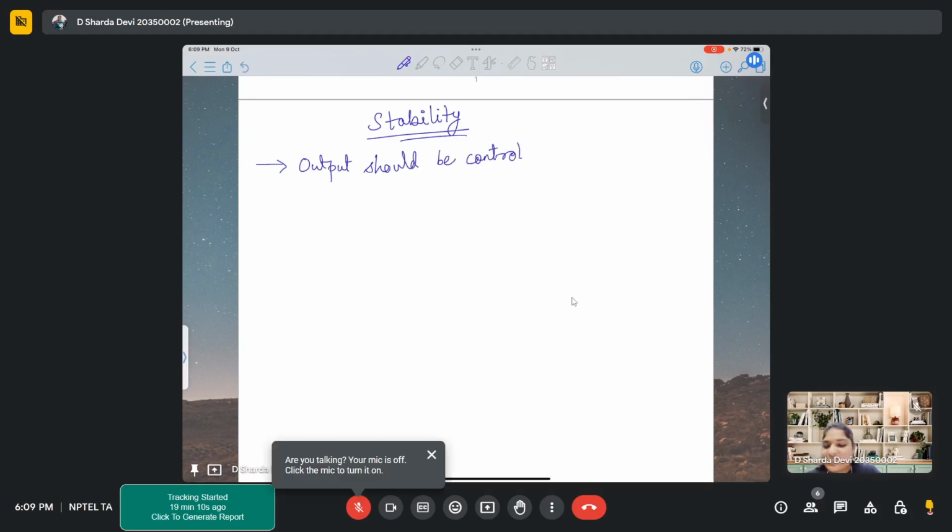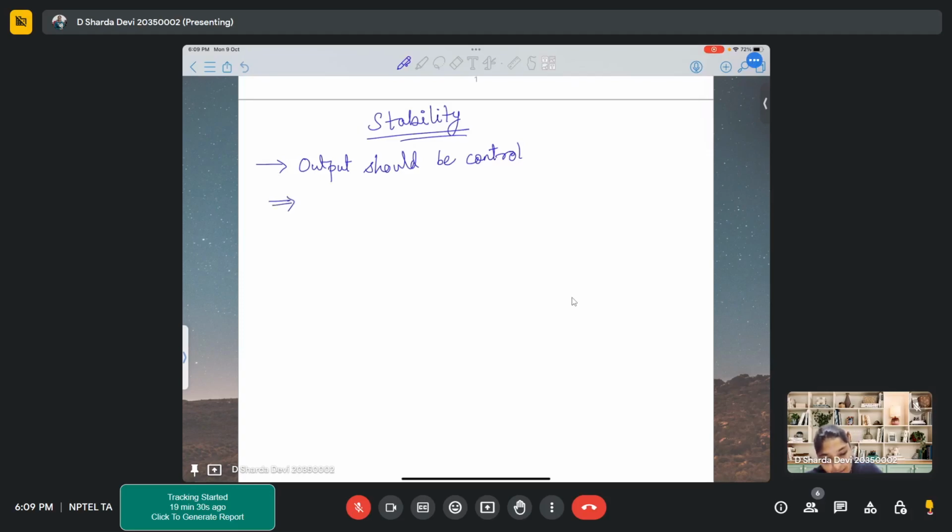So stability in general also means something under control, correct? In layman's terms also, stability means something under control. So when we talk about circuit stability, we are talking about output that is under control.